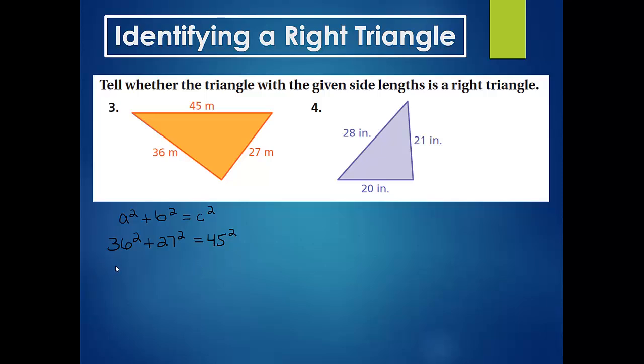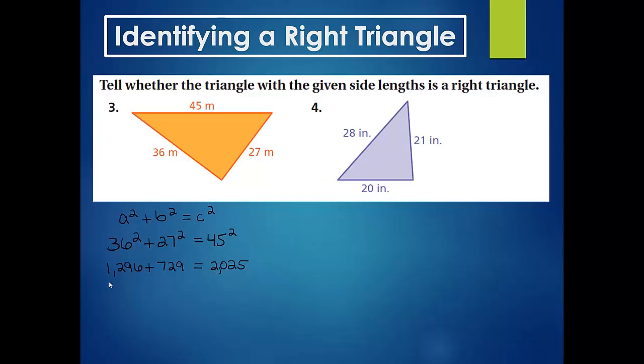So 36 squared is 1,296. And then we're going to add 27 squared, which is 729. And that would be equal to 45 squared, which is 2,025.